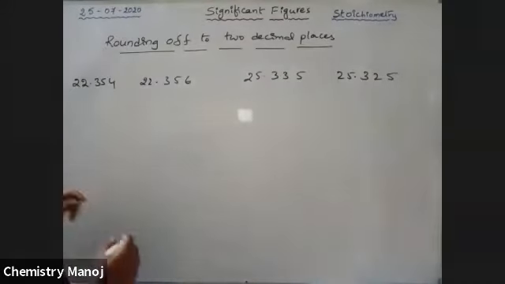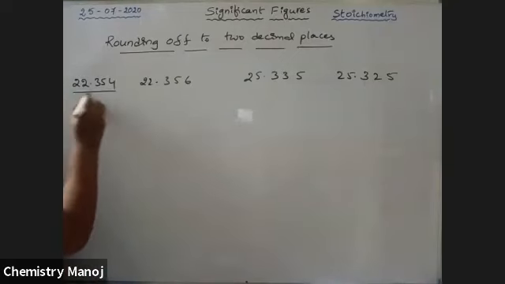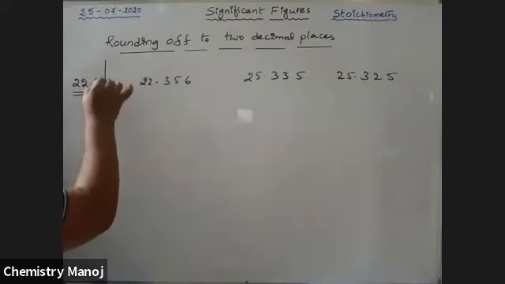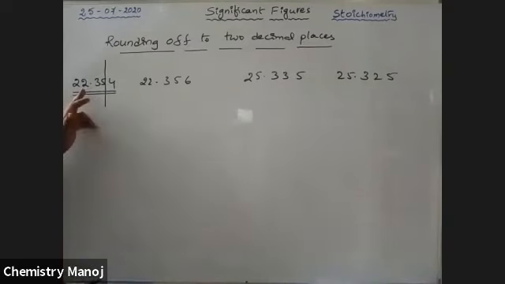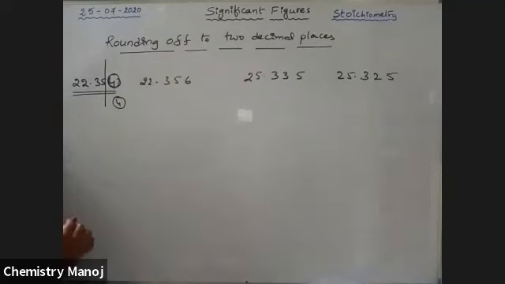See here, 22.354. I cut this value up to two digits after the point. After that, the very next value is 4, which is less than 5.